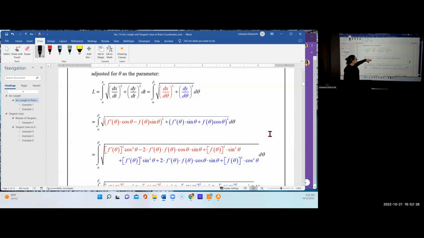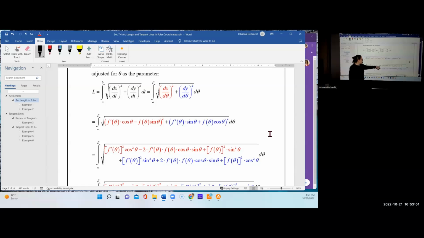So for dx/d theta, we have r prime of theta cosine theta minus r of theta sine of theta, and we have to square it. So remember, when you square a binomial, you get three terms. You get the first one squared, the last one squared, and 2 times the product of the middle. So you get f prime of theta quantity squared, which is just dr/d theta quantity squared, cosine squared, that's the first term squared, minus 2 times the product of the outside and the inside.